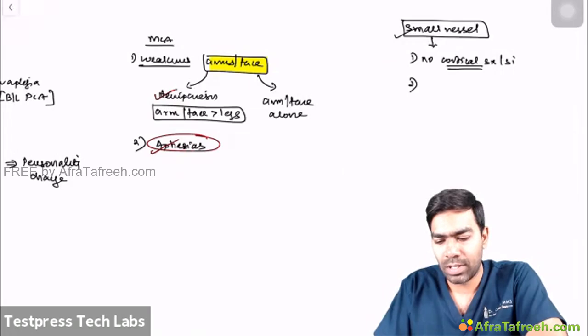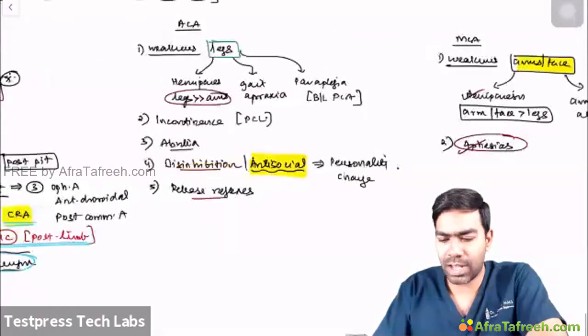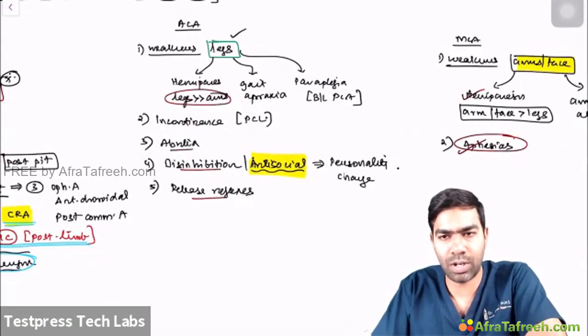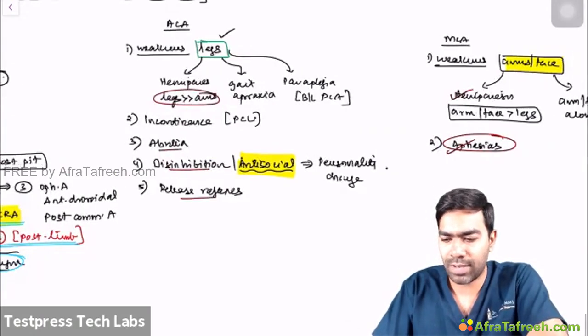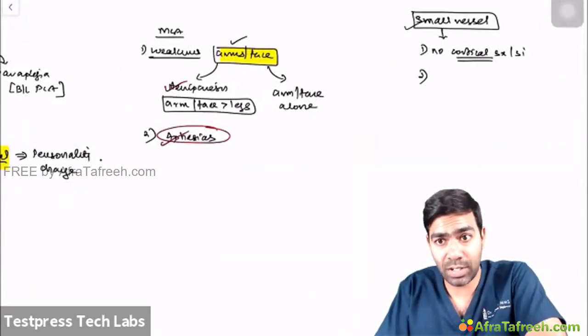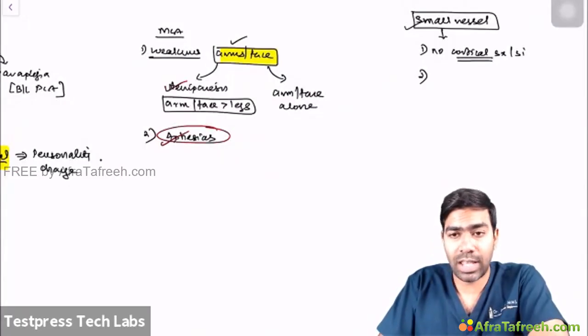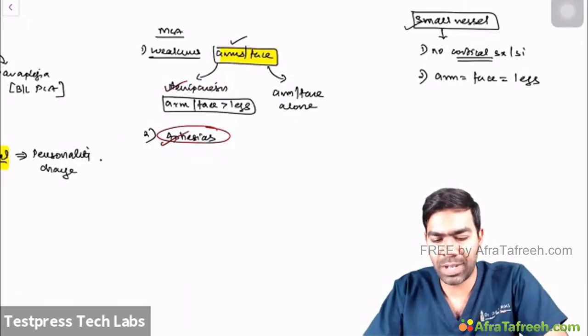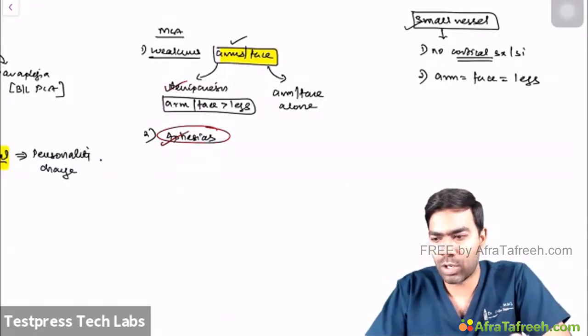Number two, as I told you, whenever you get a large vessel stroke, there will be differential distribution of weakness. For example, in ACA territory stroke, your legs are involved more than the arms, whereas in MCA territory stroke, your arms and face are involved more than the legs. But as far as the small vessel stroke is concerned, there will be no difference usually. I mean, in fact, there might be a difference, but there won't be much difference between the arms, legs, and the face, in the sense that there will be equal distribution of weakness in all these areas because it's not cortical.